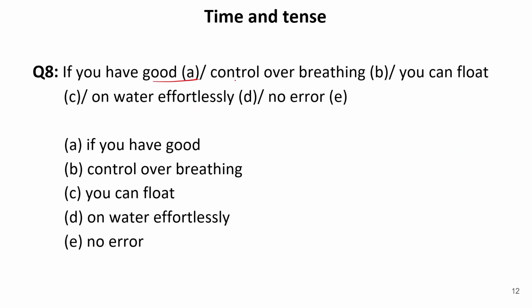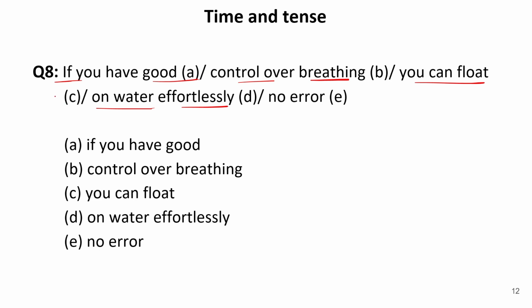If you have good control over breathing, you can float on water effortlessly. Now again, the first part. This is a conditional sentence and we have already learned that in conditional sentences, we have a conditional word, that is "if," and after that we follow the rules according to the types: type 1, type 2, type 3 or type 0 condition.